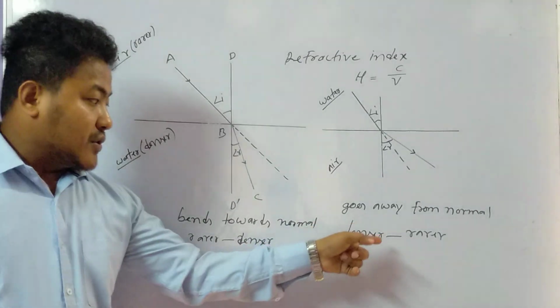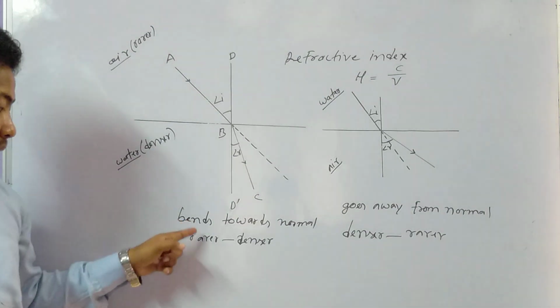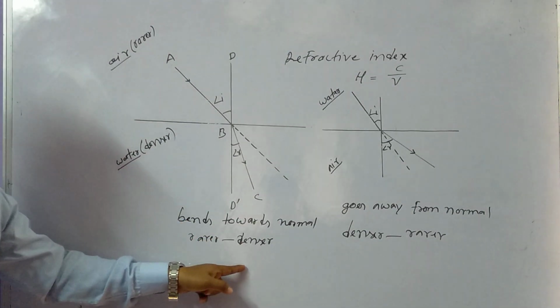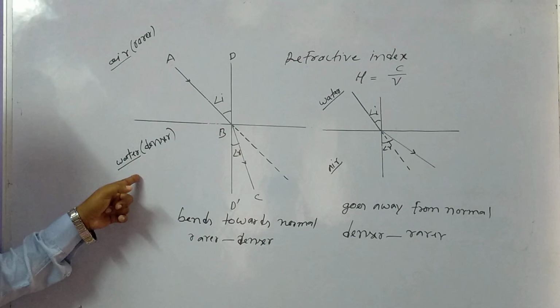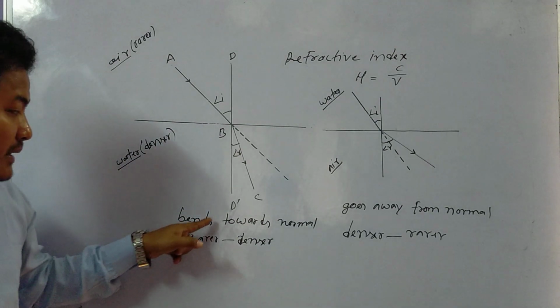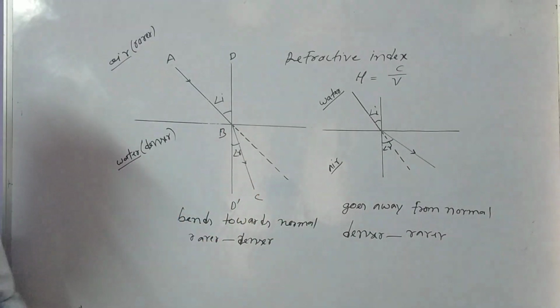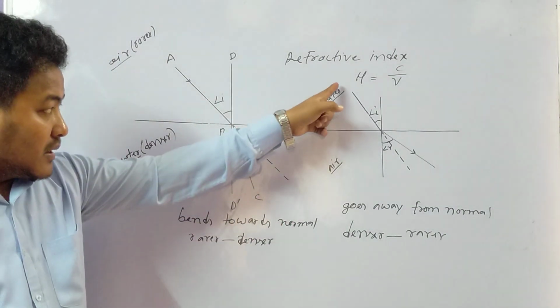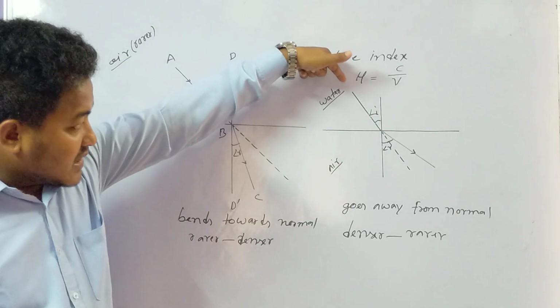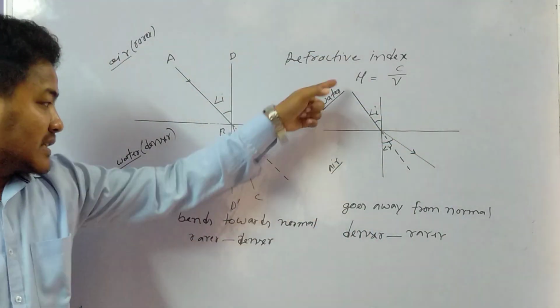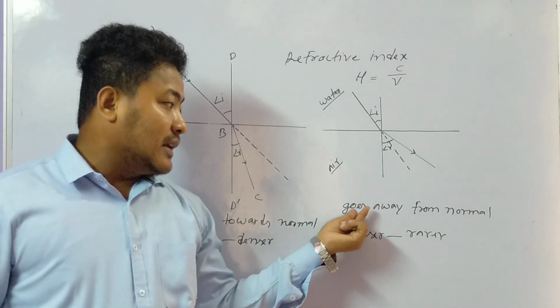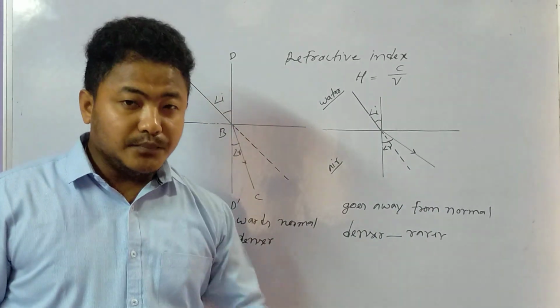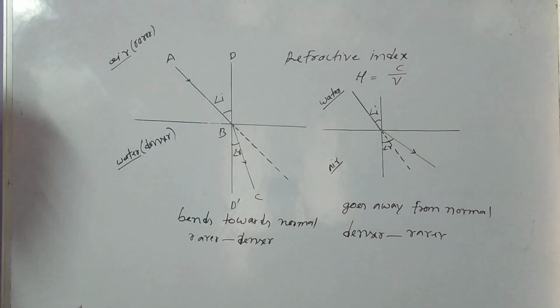So very important point: once it travels from rarer to denser, as of now air to water, then the refracted ray bends towards the normal. Remember. Secondly, if it travels from denser to rarer, then what will happen? The refracted ray will go away from the normal. That is a very important point.